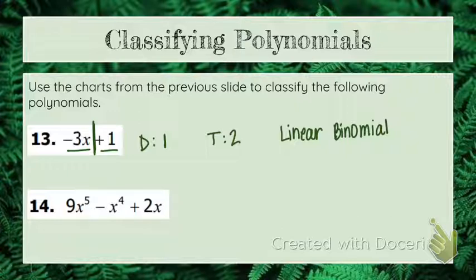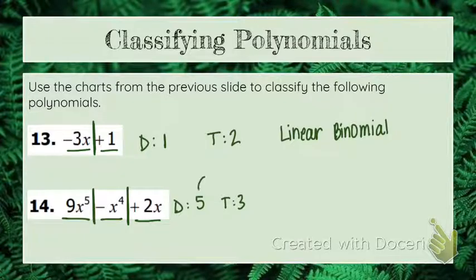Okay, so on number 14, the degree, we want the highest exponent. So we've got a 5, we've got a 4, and we've got a 1. The highest one is a 5. So that makes the degree 5. And the number of terms, we separate it at every addition and subtraction. And we've got 1, 2, 3 terms. So there are 3 terms here.